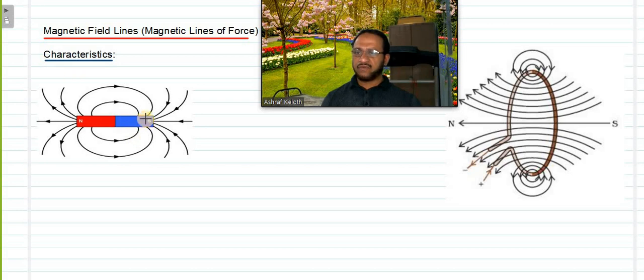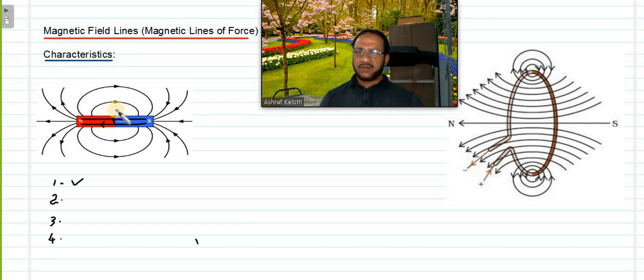Inside the magnet also we can continue this curve like this, south to north. But normally we draw only outside. It exists inside the magnet also. So outside it is moving from north to south, and inside it is moving from south to north. This arrow is the direction, from south to north inside the magnet.